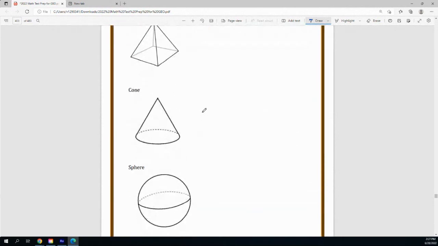Look at your other thing. Cone. Cone means like an ice cream cone flipped over. The base, this is the bottom, is in the shape of a circle, and your top kind of tapers off, kind of like a pyramid with all the sides shaved a little bit.